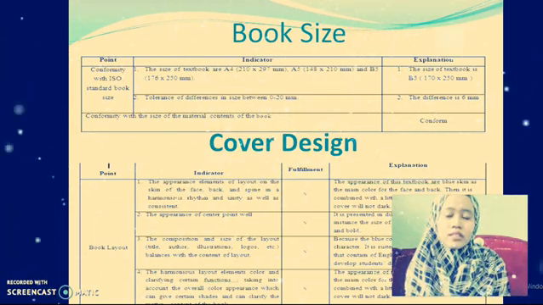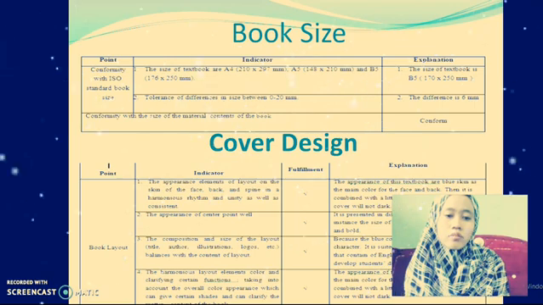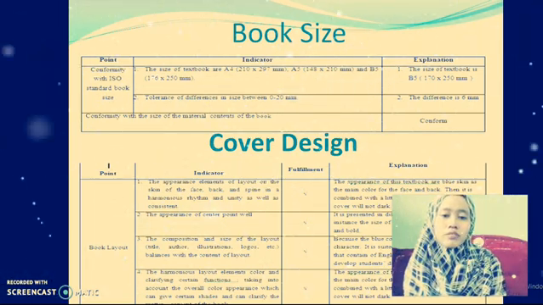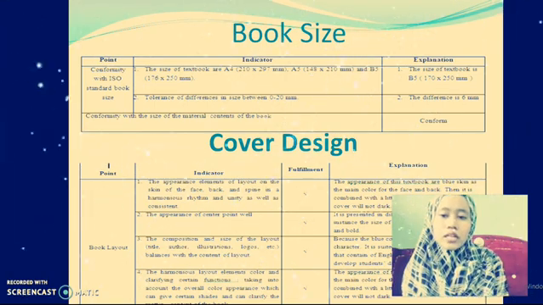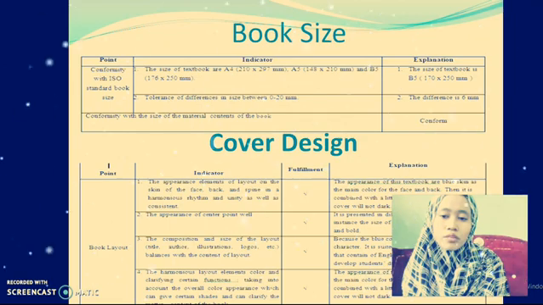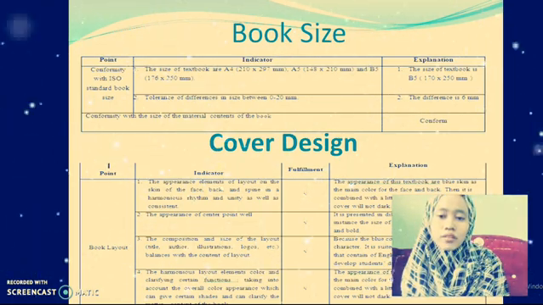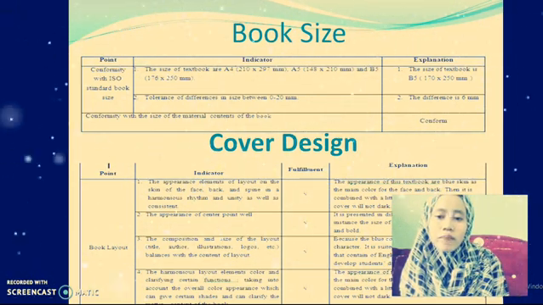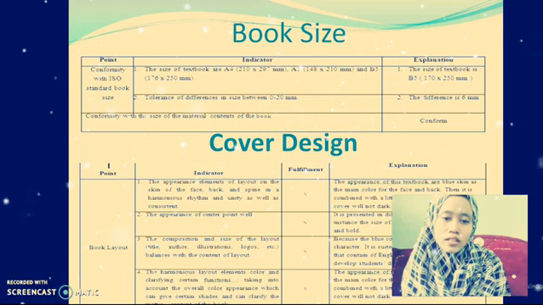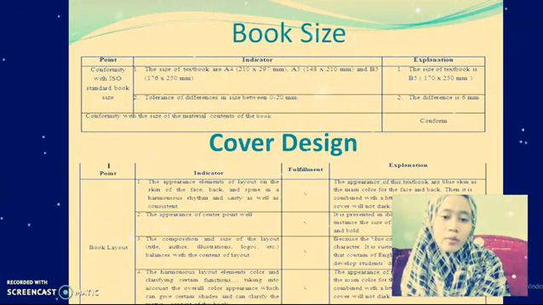And for the cover design, the point is book layout. The point of book layout is fulfilled because the appearance of this textbook has blue skin as the main color of the face and back. Then it is combined with a little green color so that the cover will not be dark. And the second indicator is the appearance of the content center point well.